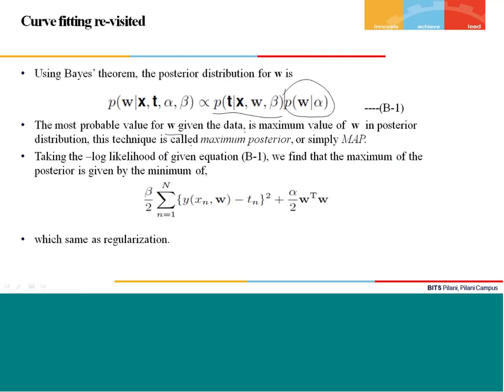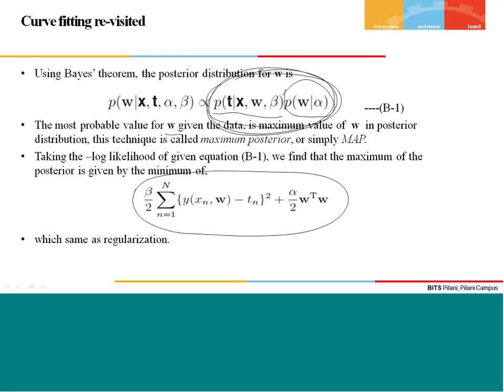So I am just finding that value of W. In short, if you recall the last lecture, yesterday's lecture, I am trying to find that value which maximizes this expression, only this expression. So in short, if you simplify it, you find the maximum posterior is given by the minimum of this value.